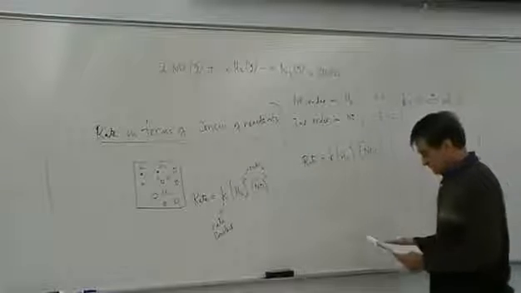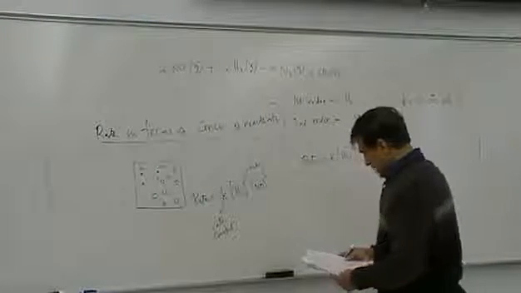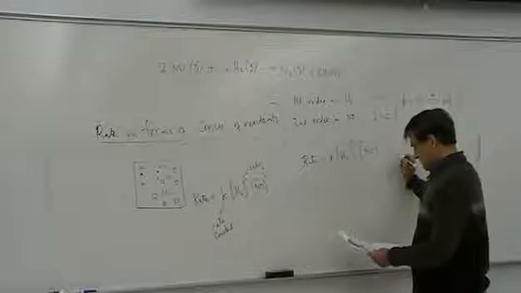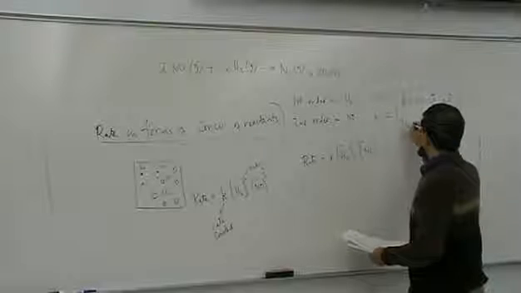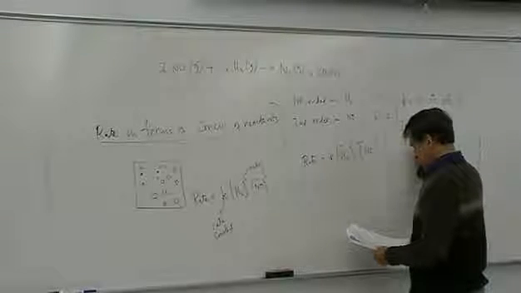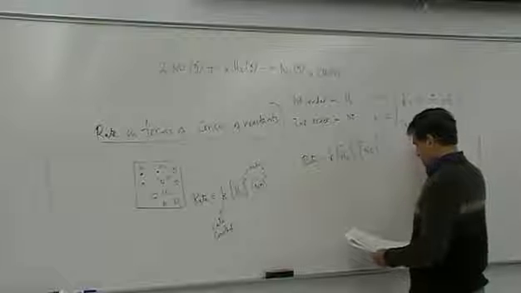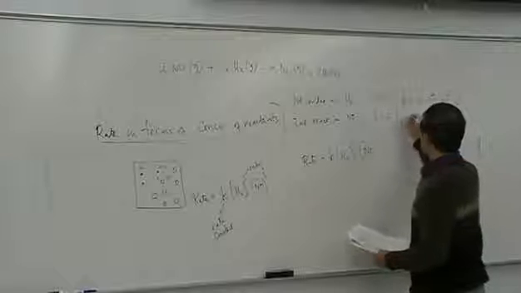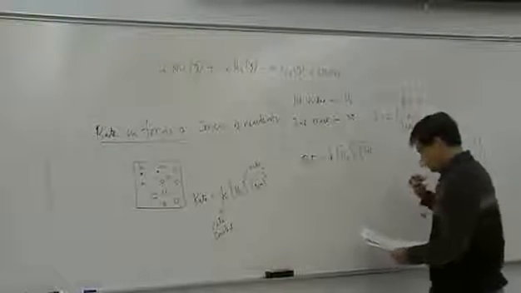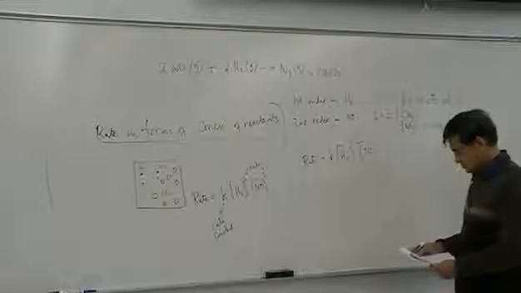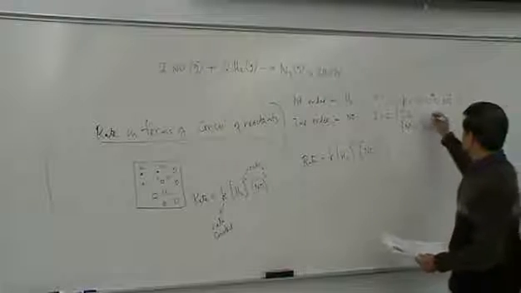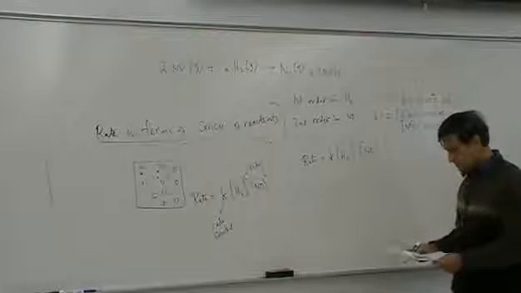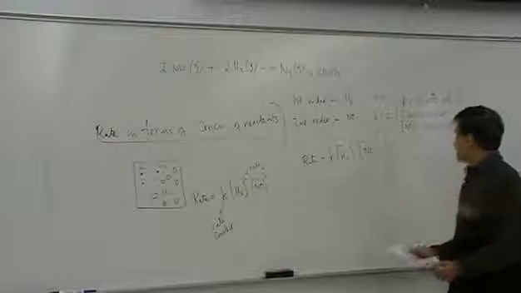That's the unit of K. And the concentrations of H2 and NO: concentration of NO equals 0.025 molar, and concentration of hydrogen is 0.020. Okay?